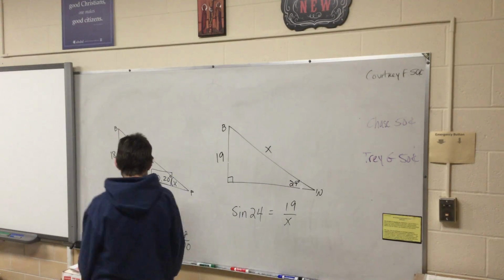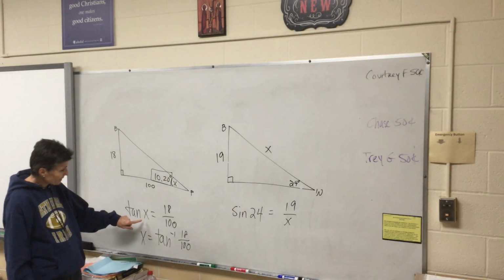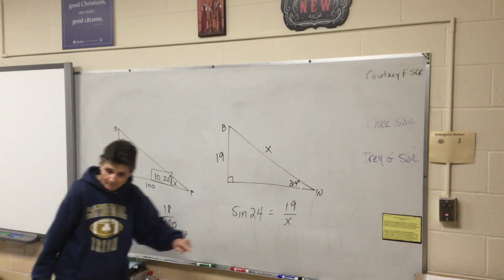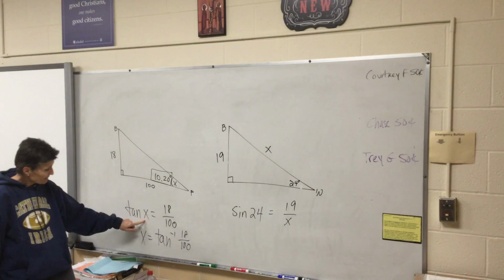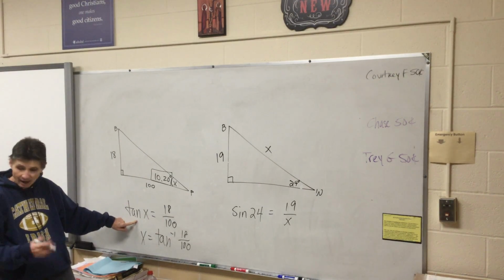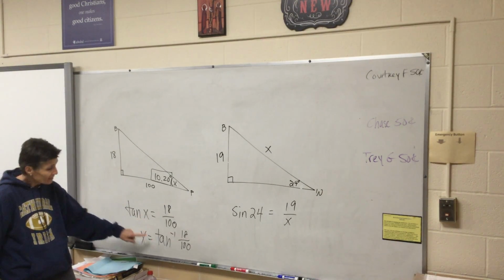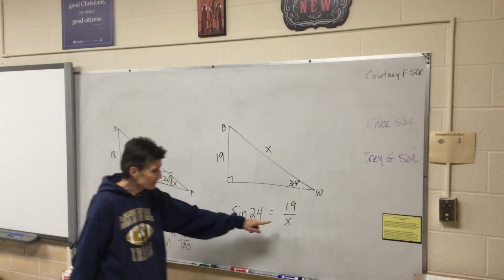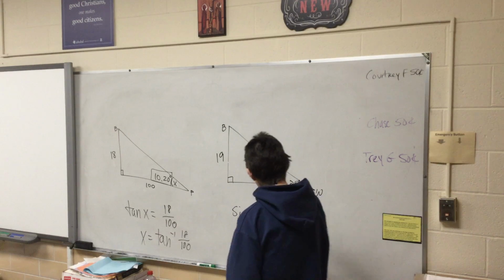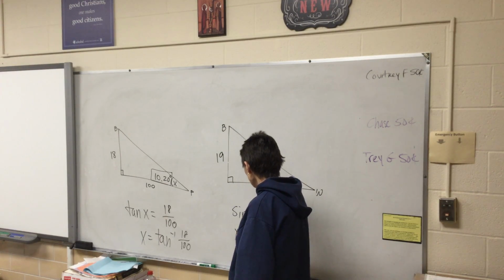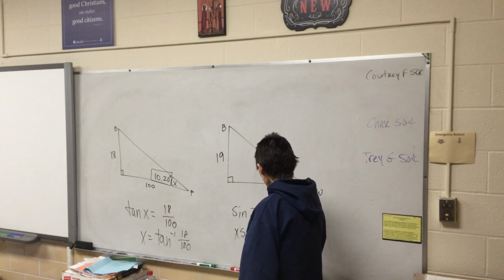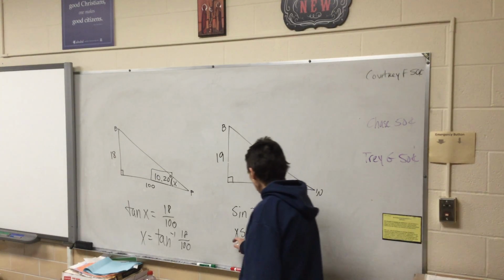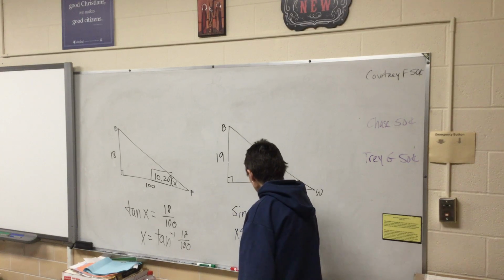Now, I want to make sure you see the difference between where the x is in this equation and where the x is in this equation. When the x is hooked to the tangent or the sine, or when it's hooked to the function, then you have to do your special thing. This one's not. This is just a plain old x. So I'm going to go ahead and solve it like a plain old equation. So I'll multiply both sides by x and then divide by sine 24.